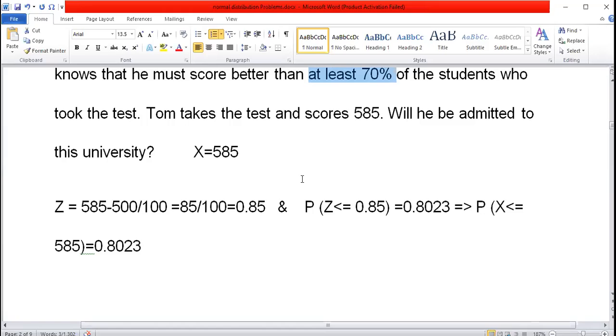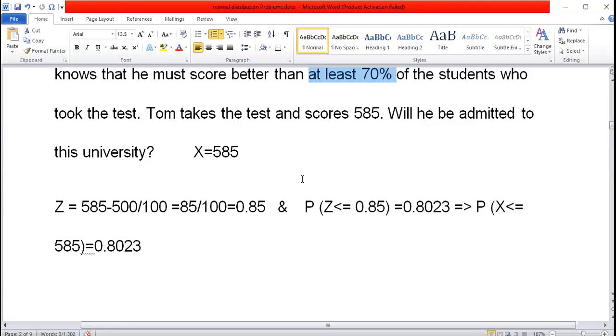If the left area is only say 40%, that means he is above only 40% of people. There is no chance for him. If he is above 90%, obviously he is going to get admitted. So could you do it other ways? Yes, there are other ways. You could see what is the area to the right of X.